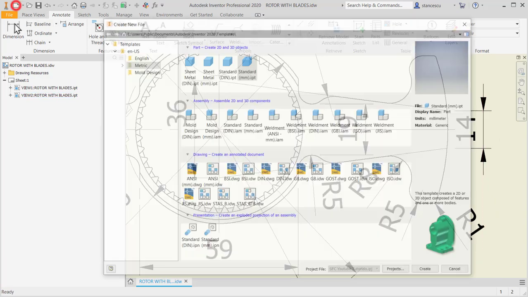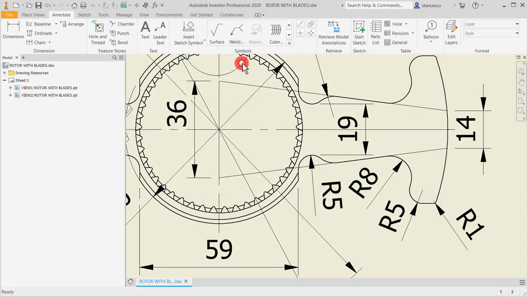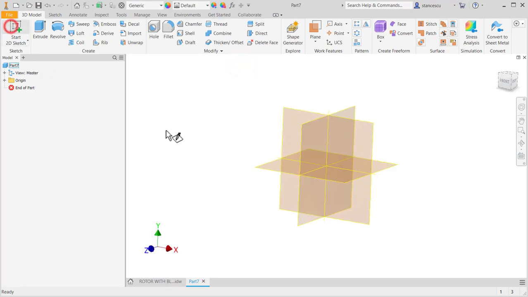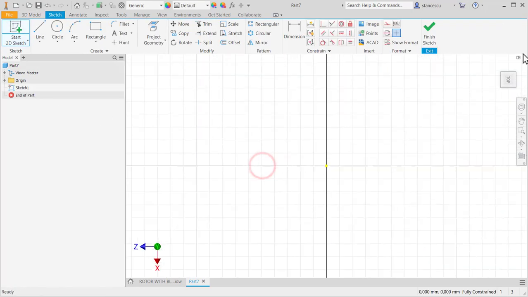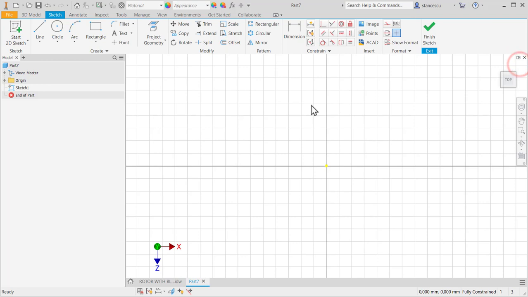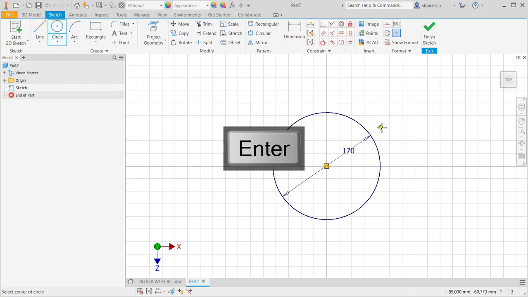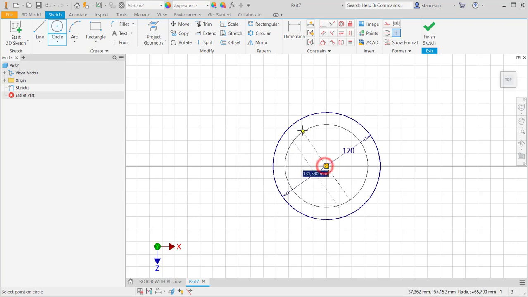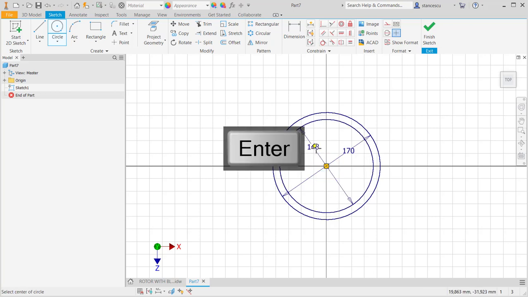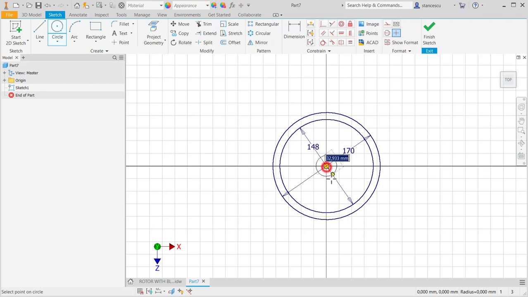Let's start. I use this plane and I draw circles 170, 148, and 70.